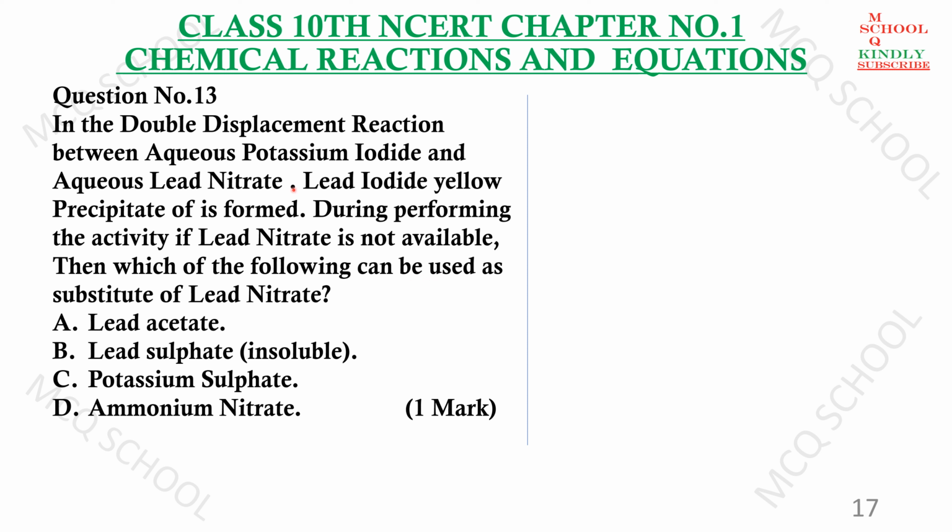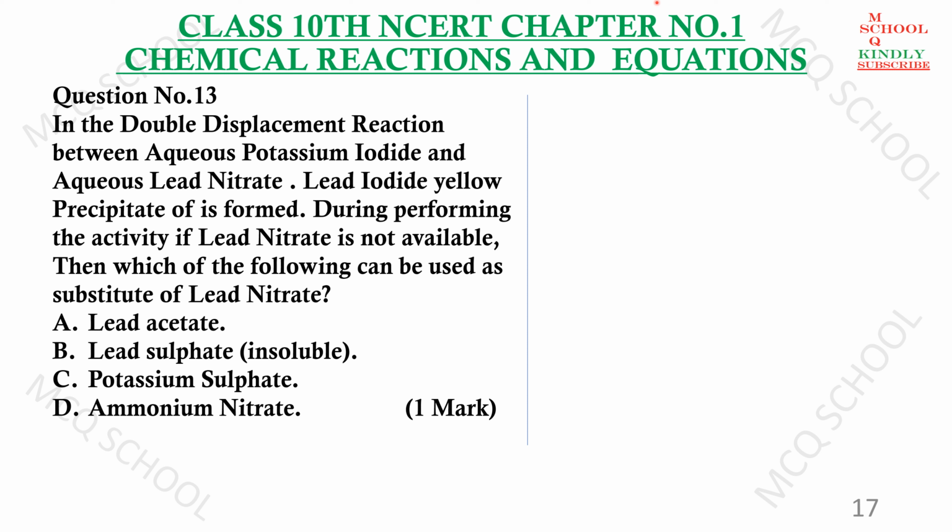That means potassium iodide is to react with lead nitrate, but it is not available. So which out of the four can be used as a replacement? The options are lead acetate, lead sulfate, potassium sulfate, ammonium nitrate. So what is the answer as per you?